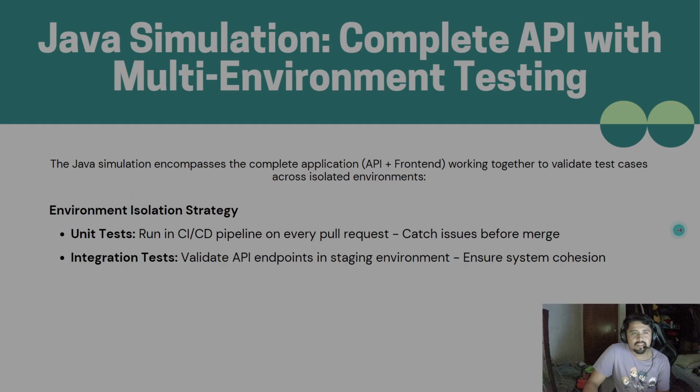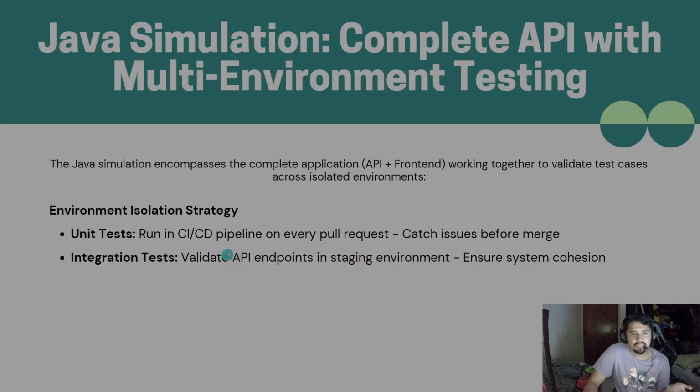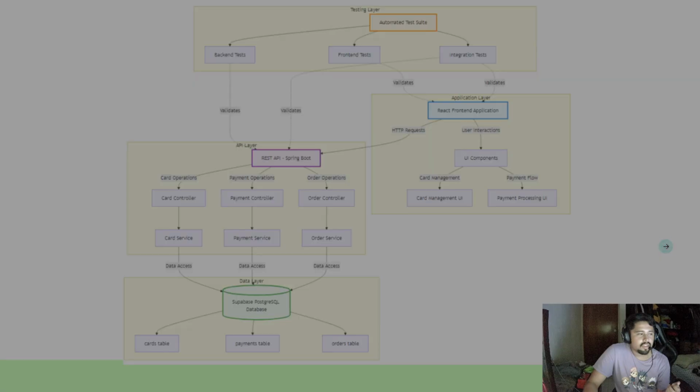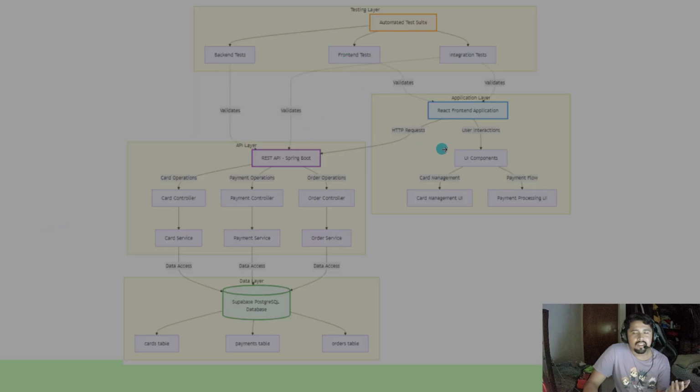Now we have the simulation, the complete API with the multi-environment testing: the production, the staging, the unit tests, the integration tests. Now this is the equivalence class, and we have a map with a Tomcat test suite, the React front-end application.